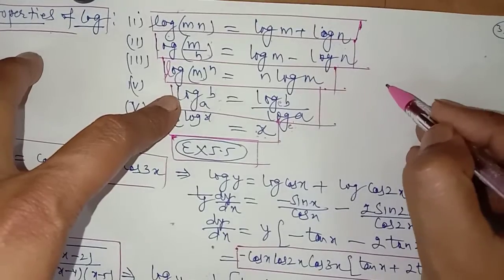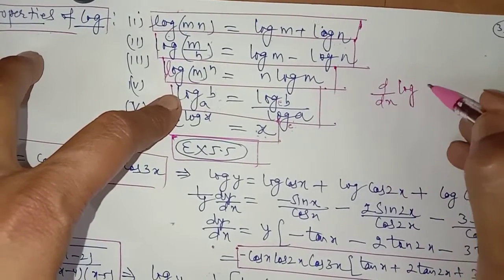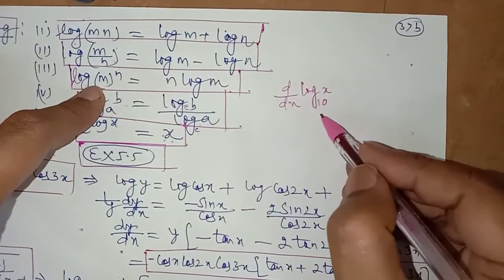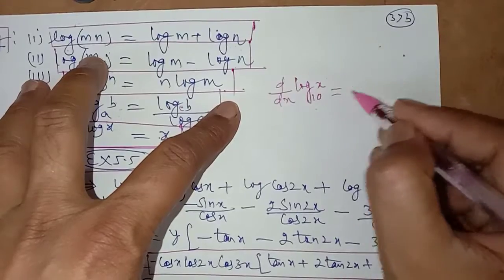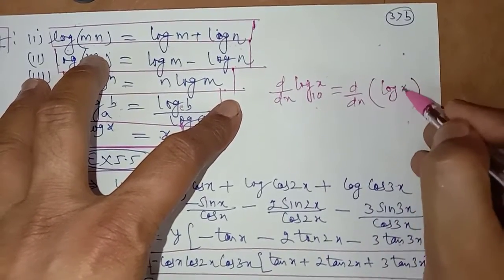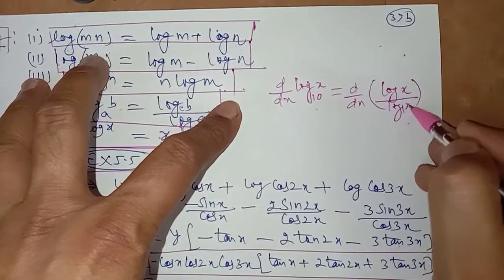For example, if you have to find the derivative of log x of base 10, we know the derivative of log x of base e. First of all, we break it by changing the base. It becomes log x upon log 10.